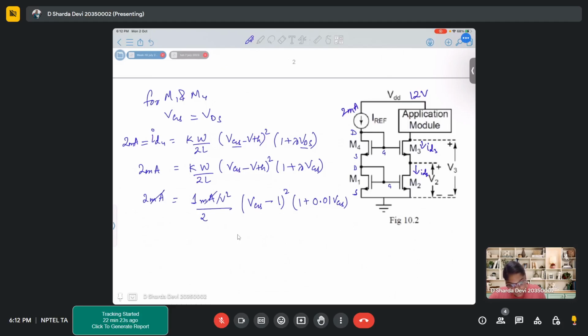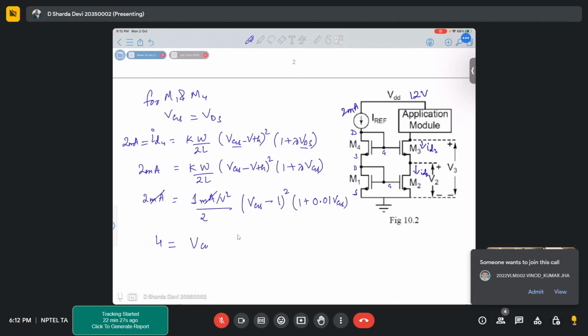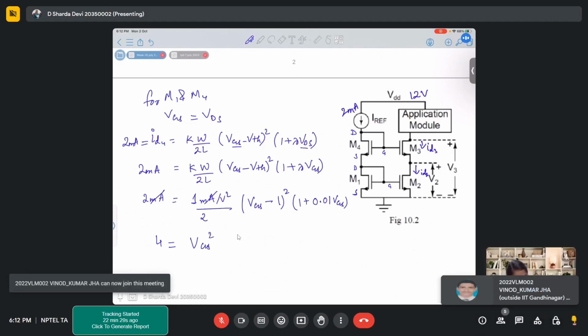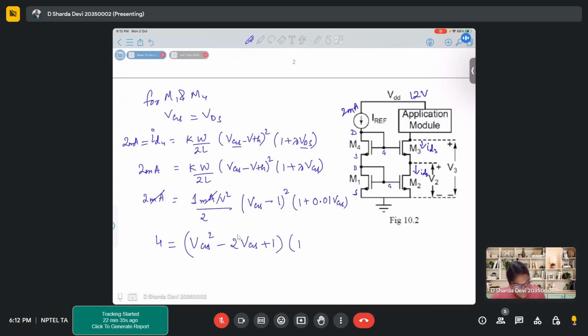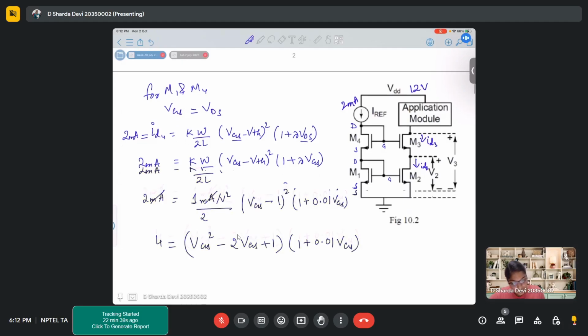So let's cancel. So it is like 4 equal to (VGS square minus 2 VGS plus 1) into (1 plus 0.01 VGS).